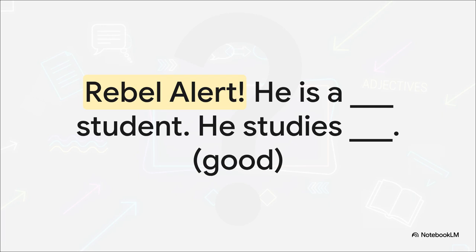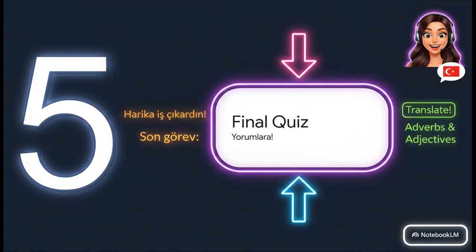The word is good. So, he is a blank student. He studies blank. What do you think? He is a good student. But how does he study? He studies well. Yes, you remembered the number one rebel. Great job. You guys are doing amazing.